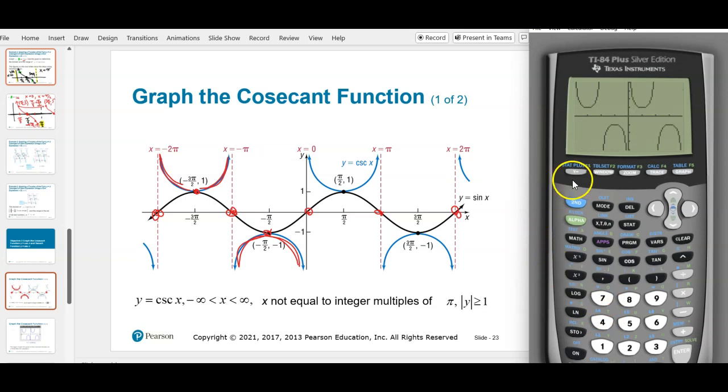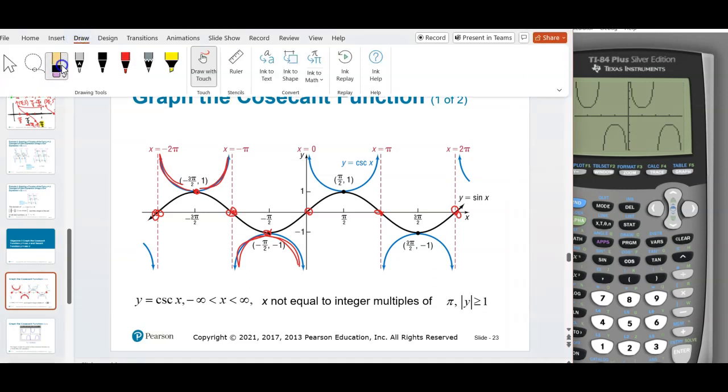I can add the sine curve, and that's going to touch all those peaks and valleys from the cosecant curve. But we use it as a guideline. We don't actually need it, and in our final version of the cosecant graph, the sine curve's not going to be there. But we do plot the sine curve when we make the cosecant curve.